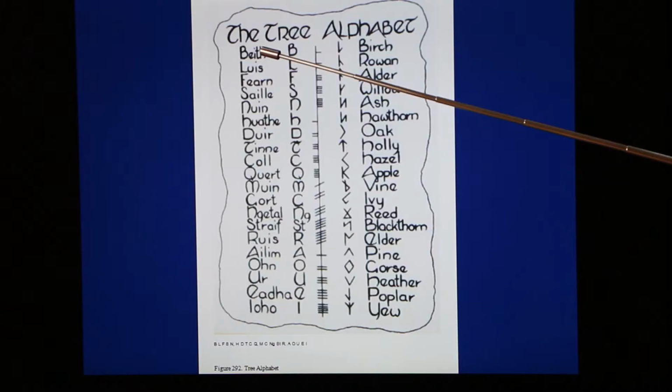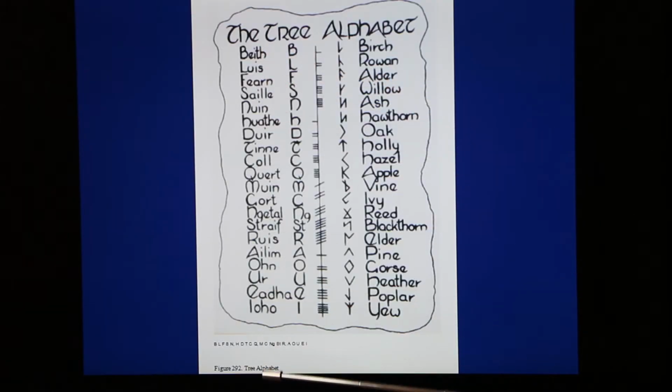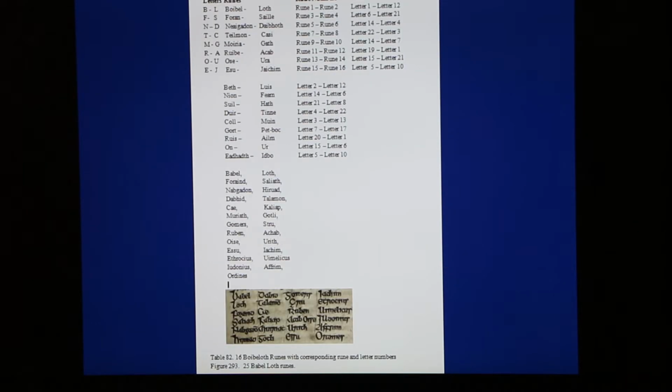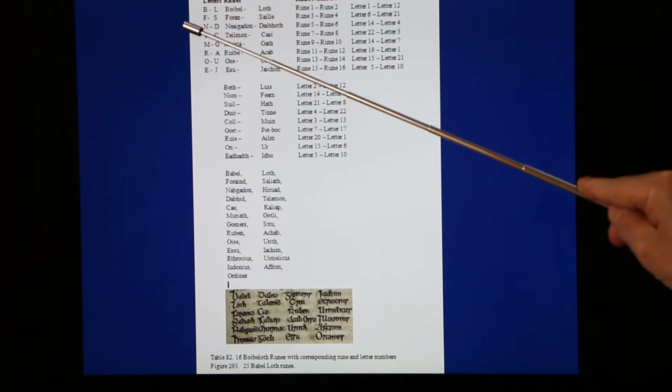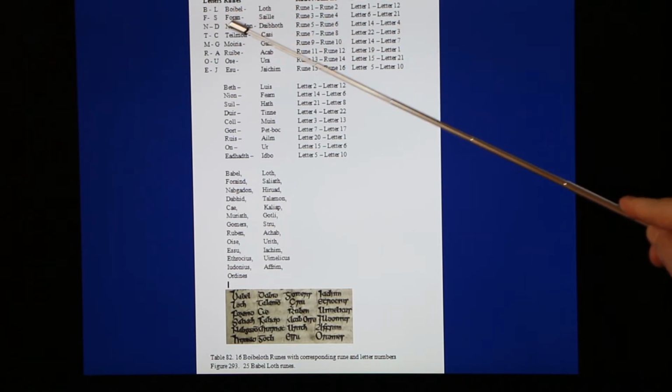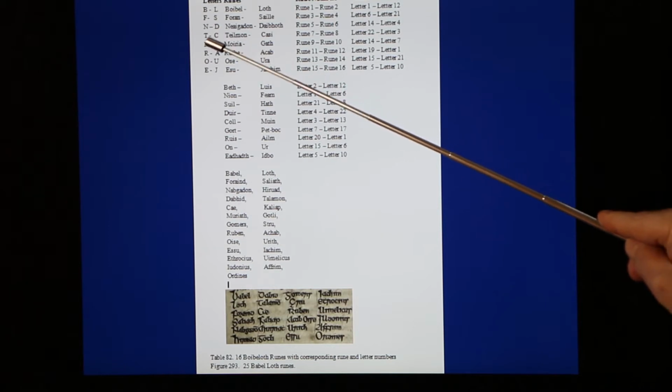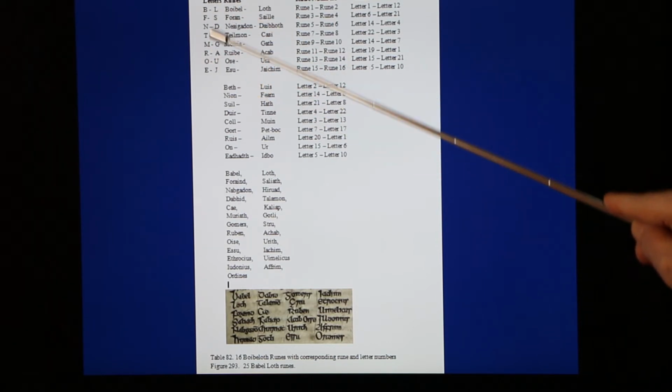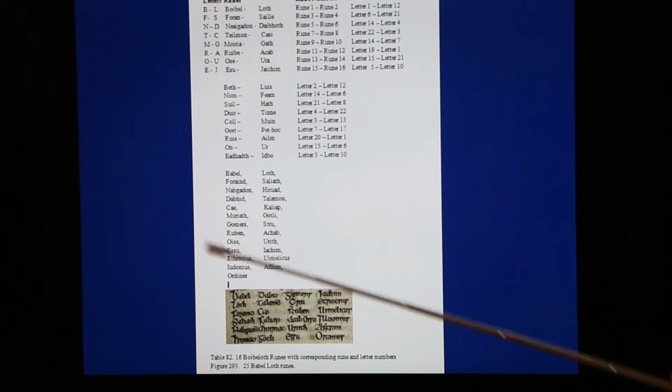So we have the word version, the letter version, the markings version, and the rune version, and of course the translation version. And so I can again now do letter 1, 2, 3, 4, and I get B, L, F, S, N, D, and so on, yes, and I get this series.